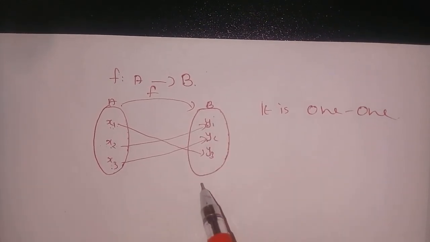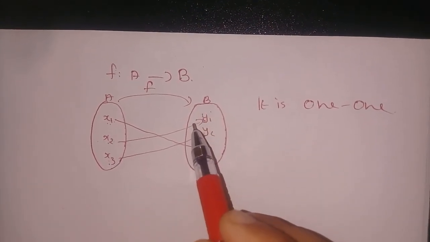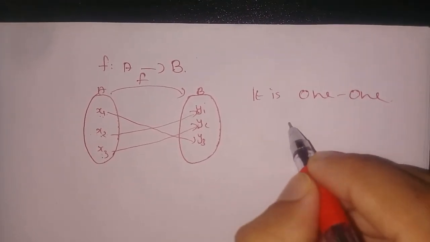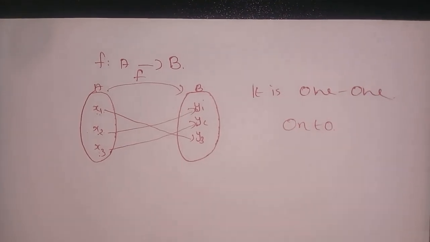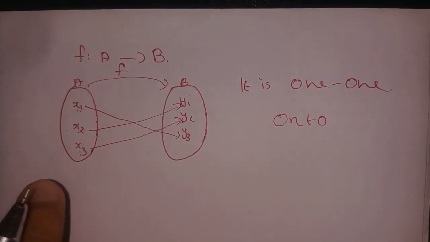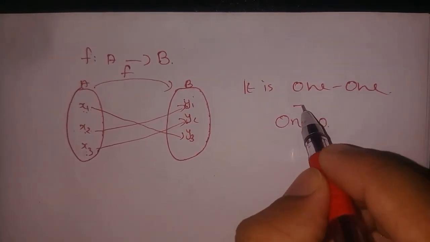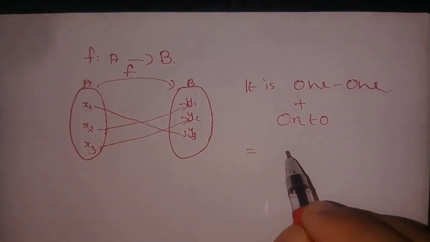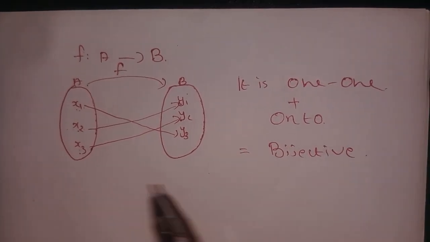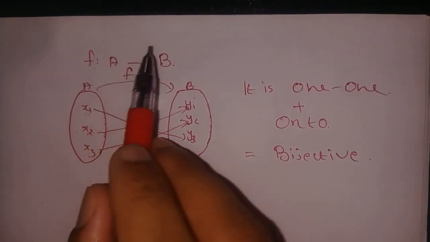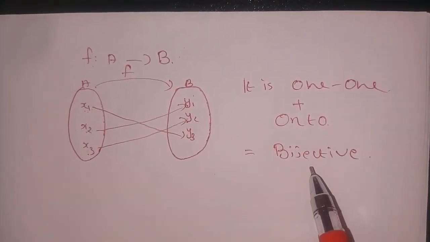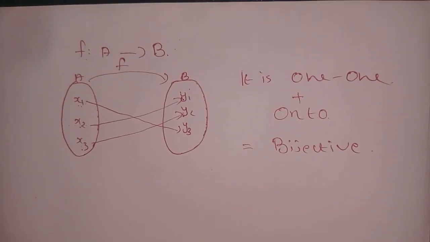So every element in the codomain has a pre-image. So this function satisfies the condition of an onto function. The function f is both one-one and onto, so it is a bijective function. So this function f from A to B defined like this is an example of a bijective function.